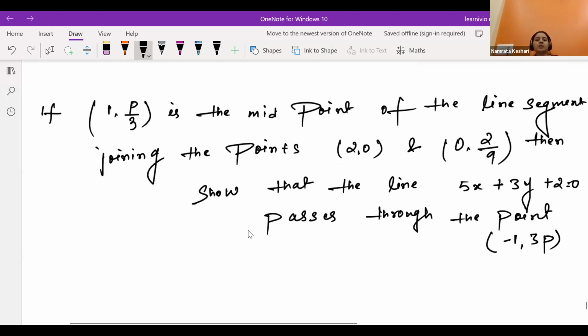Let's do it. It's exactly like the previous one, but here also we have to find p. It will satisfy the equation, but the midpoint concept is there. Please use the midpoint concept.